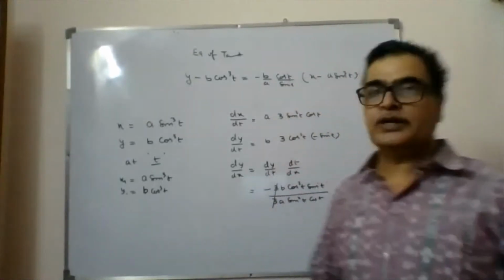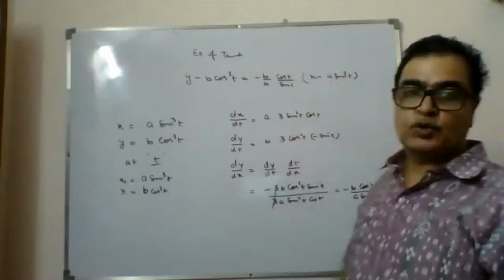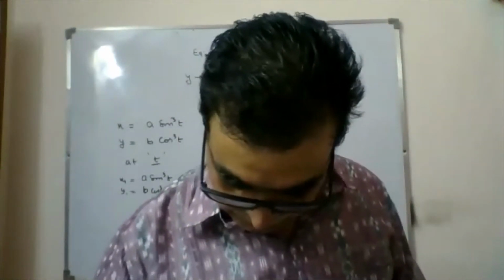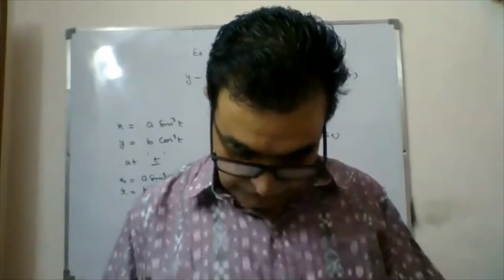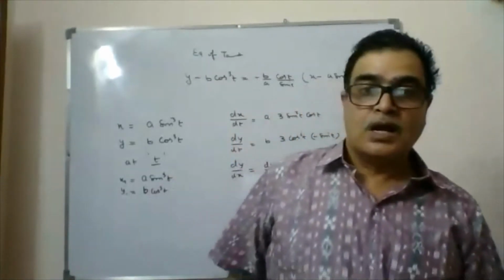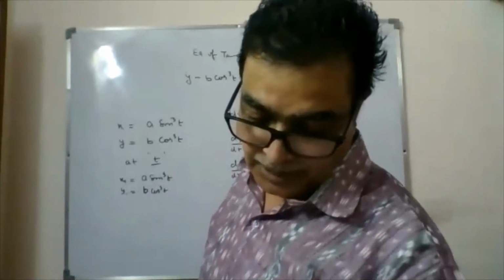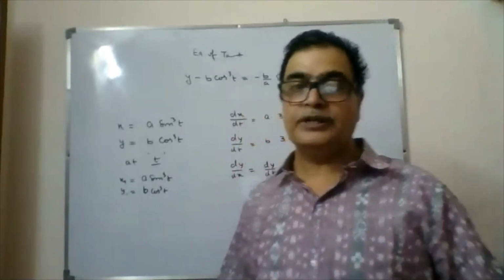And normal you can now calculate. In normal you just take the reciprocal of it with a plus sign, and you will get your answer. This was also an NCERT problem and we got it in the board exam twice.